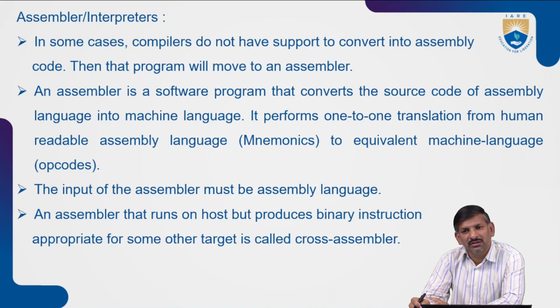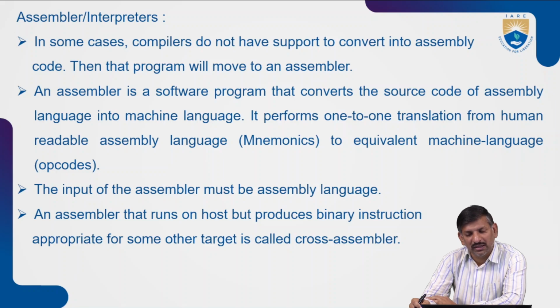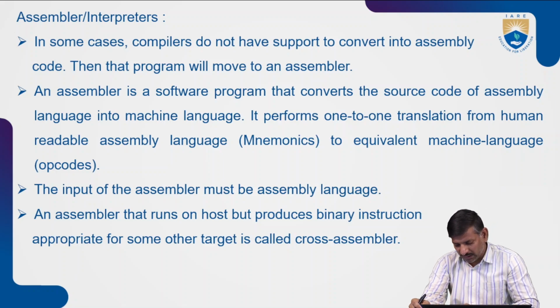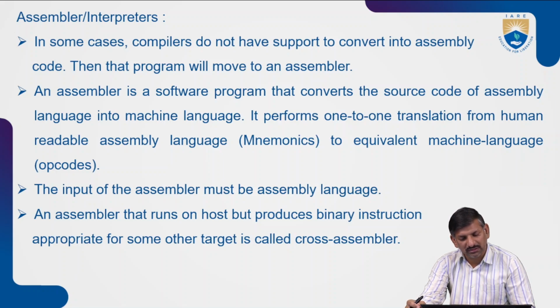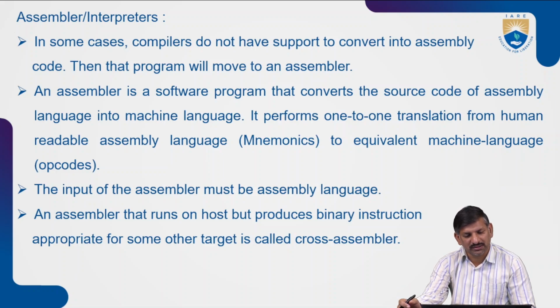It performs one-to-one translation from human readable assembly language to equivalent machine language. The input of the assembler must be assembly language. An assembler that runs on a host but produces binary instructions for some other target is called a cross assembler. The same we already discussed.